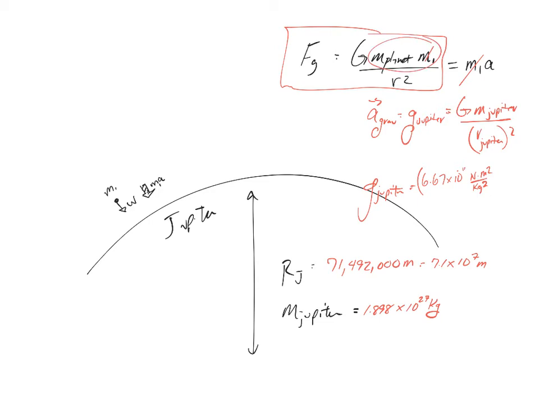G has to have units to cancel that mass, so kilogram squared in the denominator for big G. And the numerator has to cancel with r squared, so I need meters squared. So my units have to be meters squared over kilograms squared, and then my units all cancel.